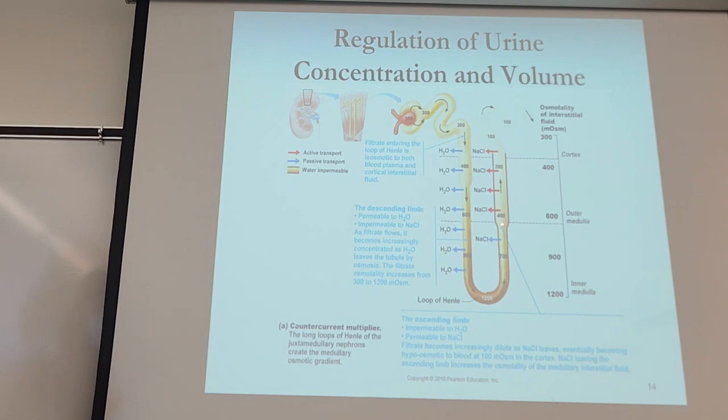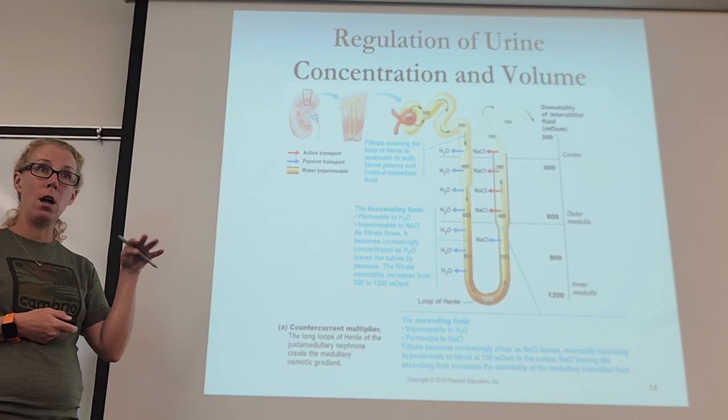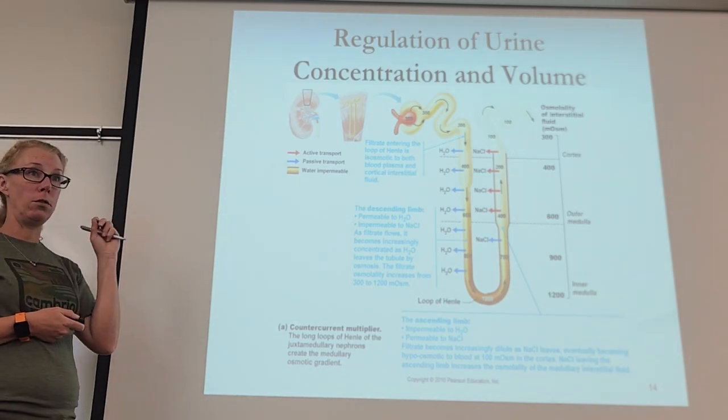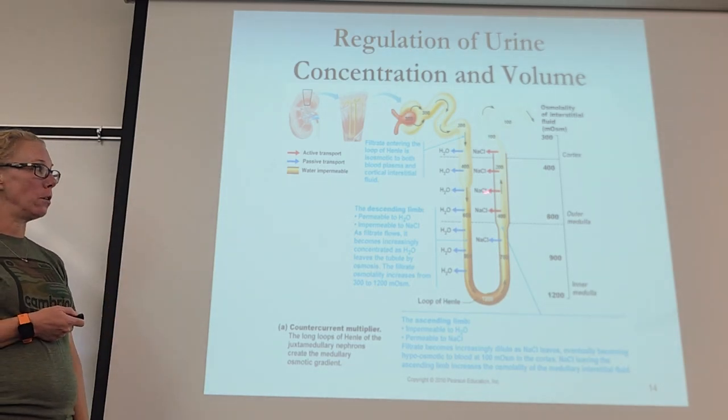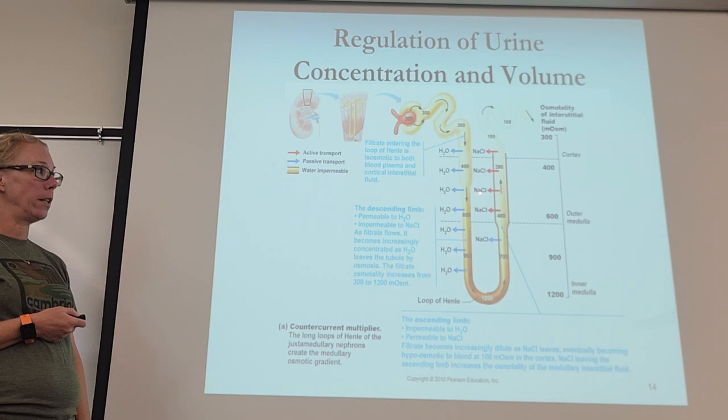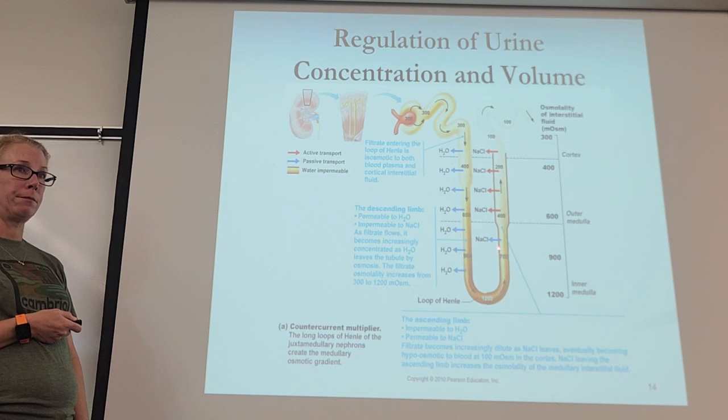And then you go into the ascending limb, and the ascending limb is impermeable to water, but it's permeable to solutes. So your sodiums, your chlorides, your other ions are going to leave, but water's going to stay. So what does that do to concentration? It takes it back down again.